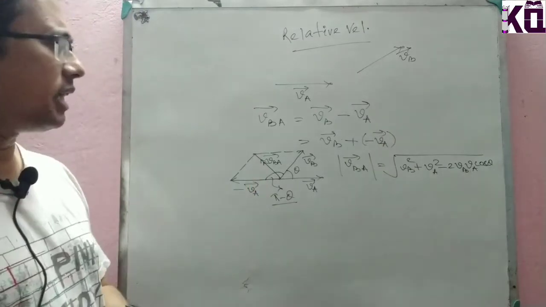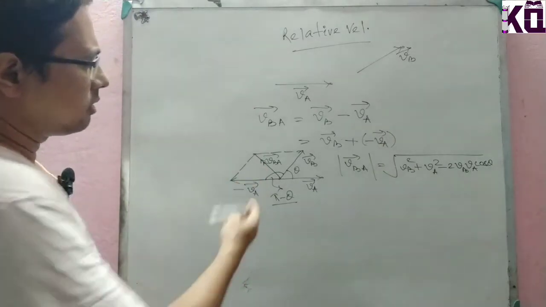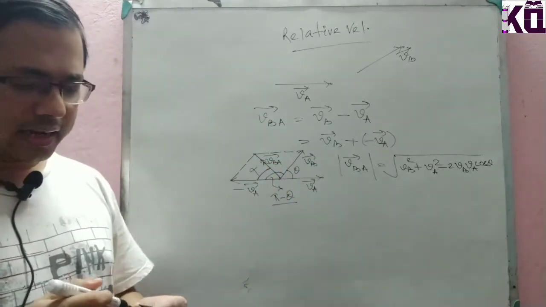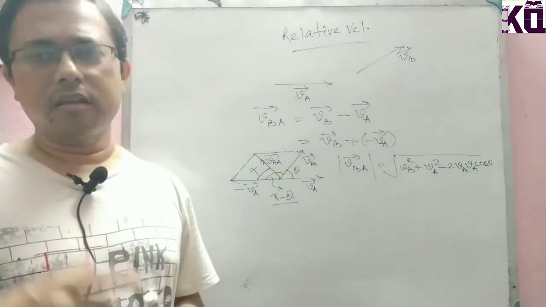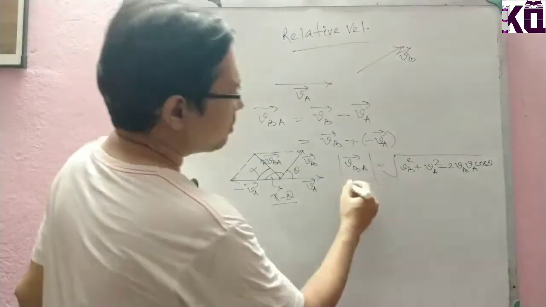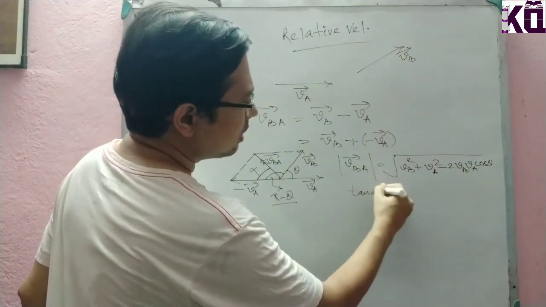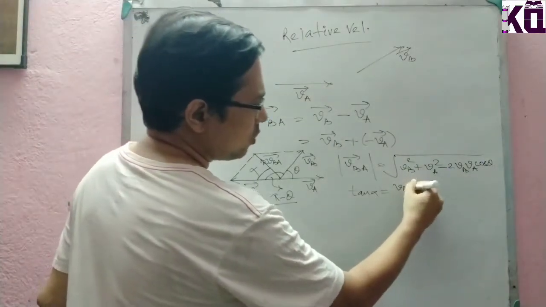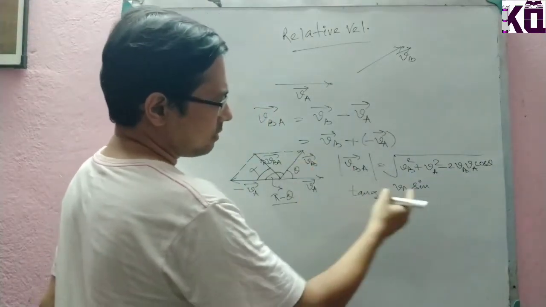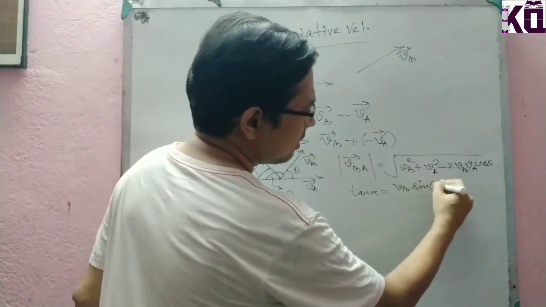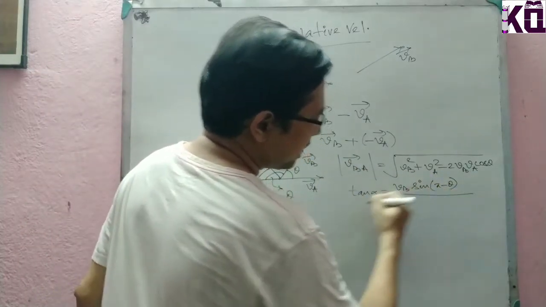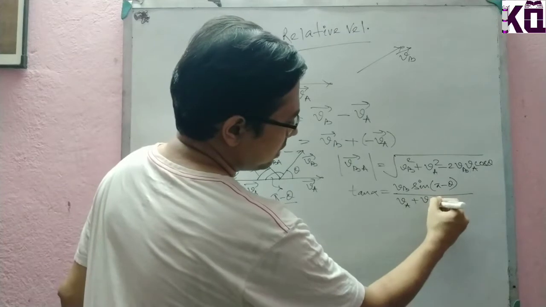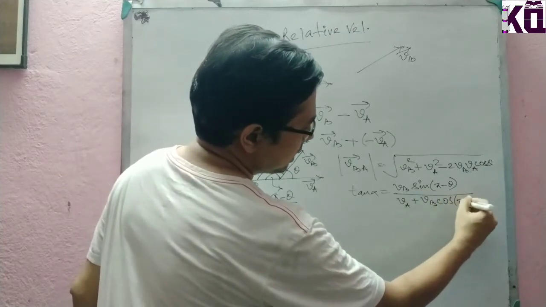And already we have identified earlier how to find the angle, that means the actual direction of VBA, the resultant relative velocity. We can identify it as tan alpha equals VB sine of pi minus theta divided by VA plus VB cos of pi minus theta.